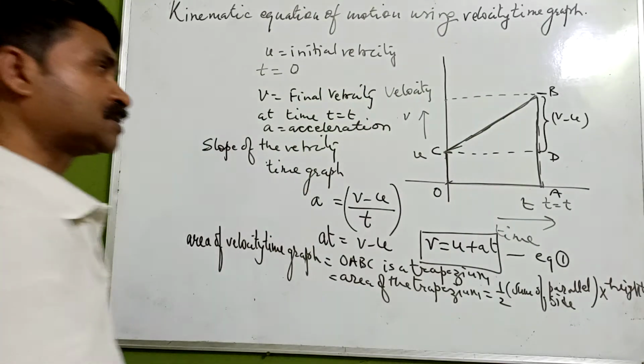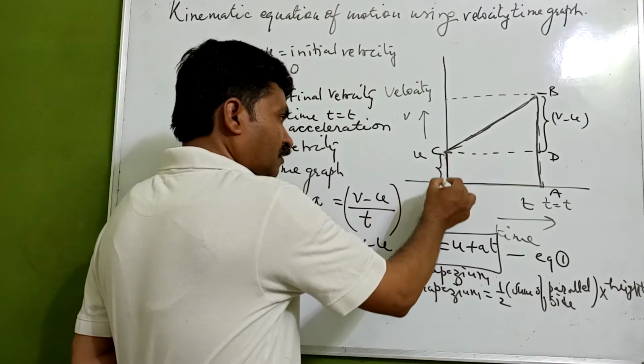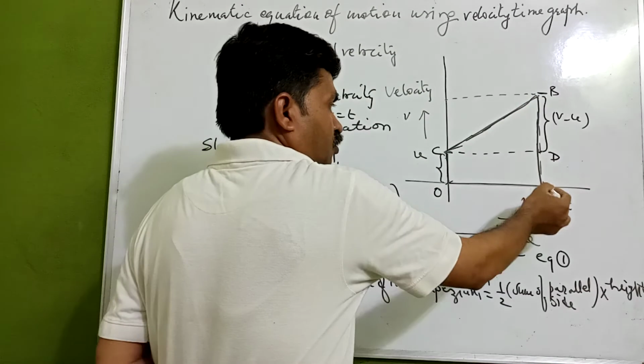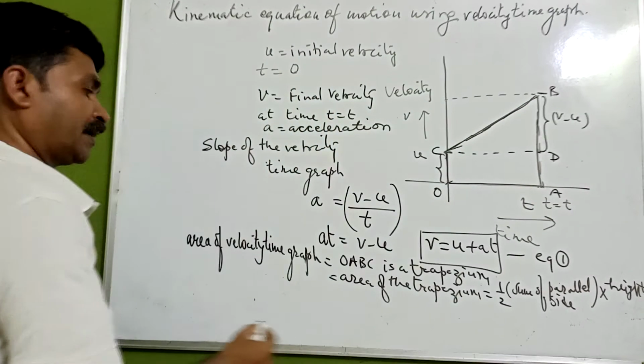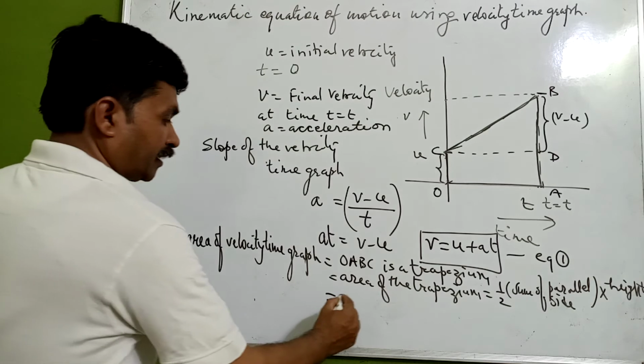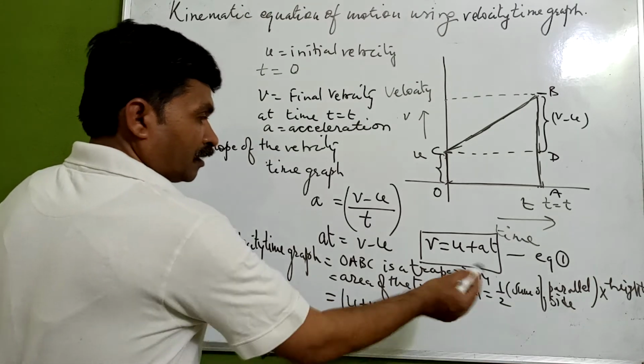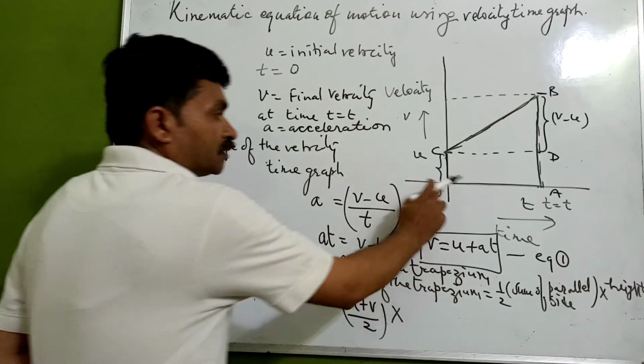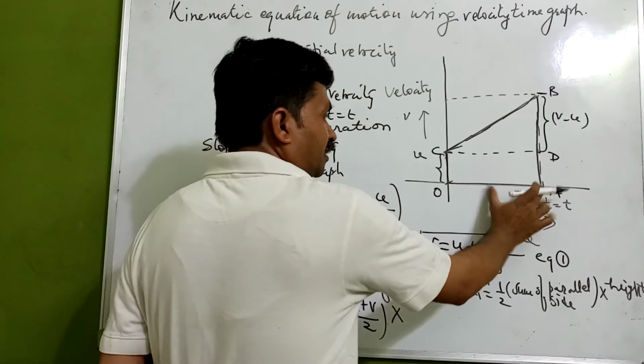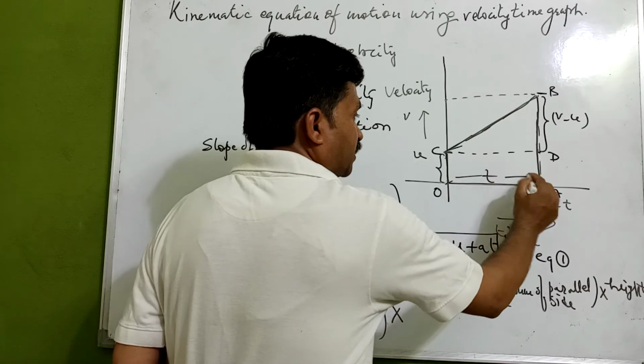The sum of the parallel sides is u plus v, so we have u plus v upon 2, from time t equal to 0 to time t.